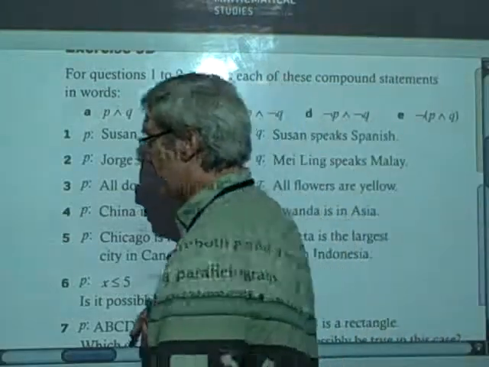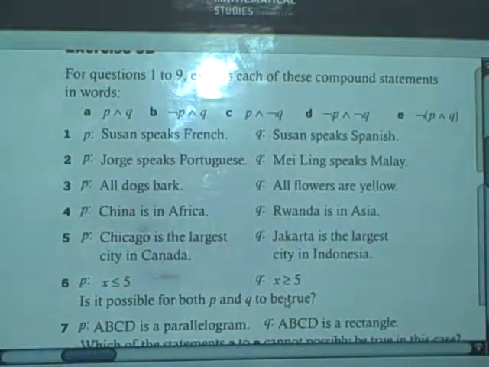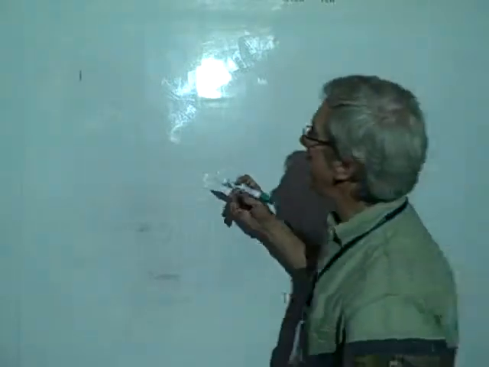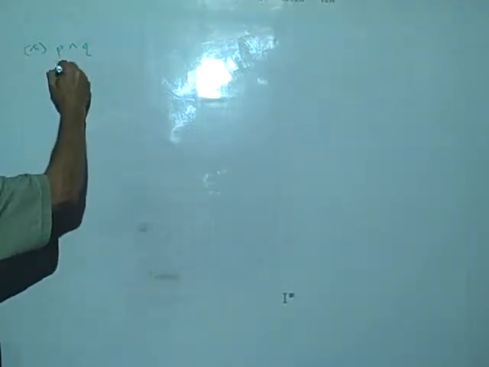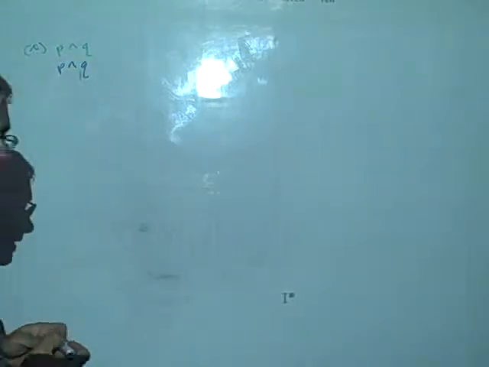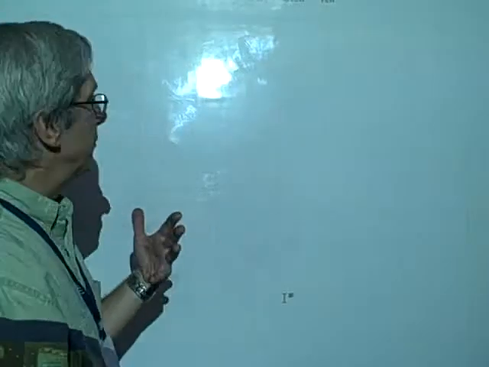Now I'm going to move that out of the way, and now I'll rewrite them. Okay, so the first one was P and Q. I think that green one doesn't show up very well, so let's look at this. P and Q. Okay, so the first one asks for the conjunction. So how do you put that in words?